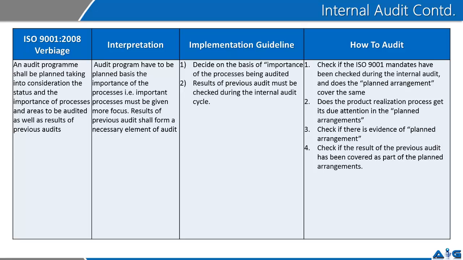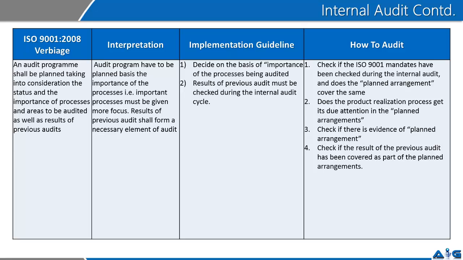If you are an auditor, check if the ISO 9001 mandate has been checked during the internal audit, and does the planned arrangement cover the same? You must check that the product realization process gets its due attention in the planned arrangements. So the internal audit must focus on the planned arrangement. If you see that the importance of processes does not cover all the necessary elements of ISO 9001, does not cover the product realization process, raise an alarm.